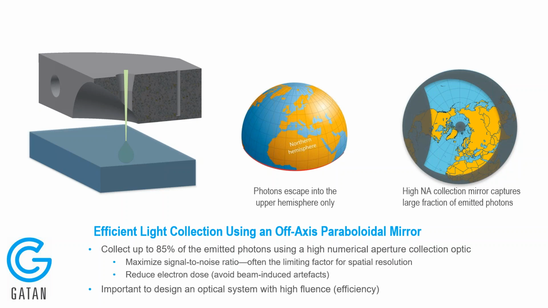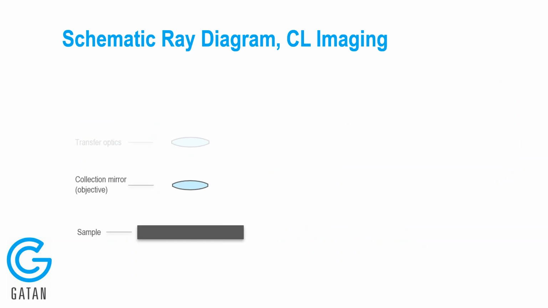Once we've collected as much light as we possibly can, it's important to design an optical system with very high efficiency, so all of those photons that we collect get through to our detector at the other side. Let's take a very simplified look at the ray diagram of a typical CL imaging system.